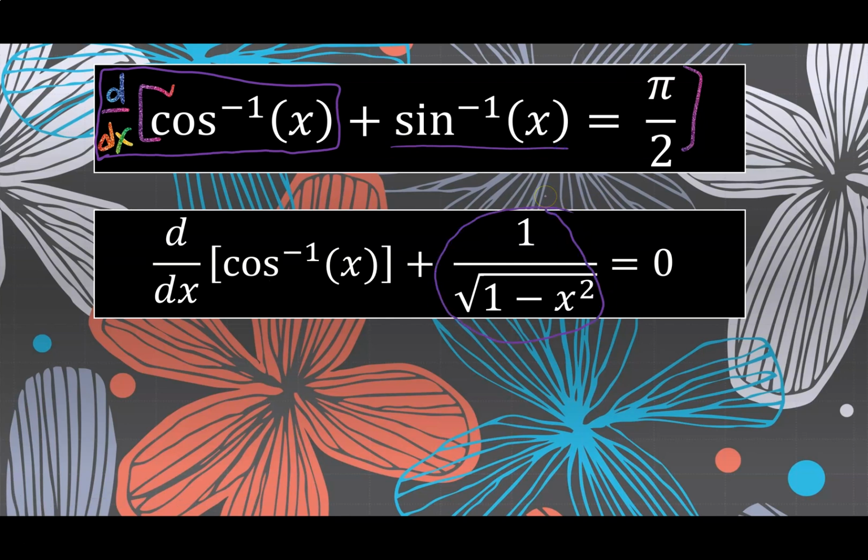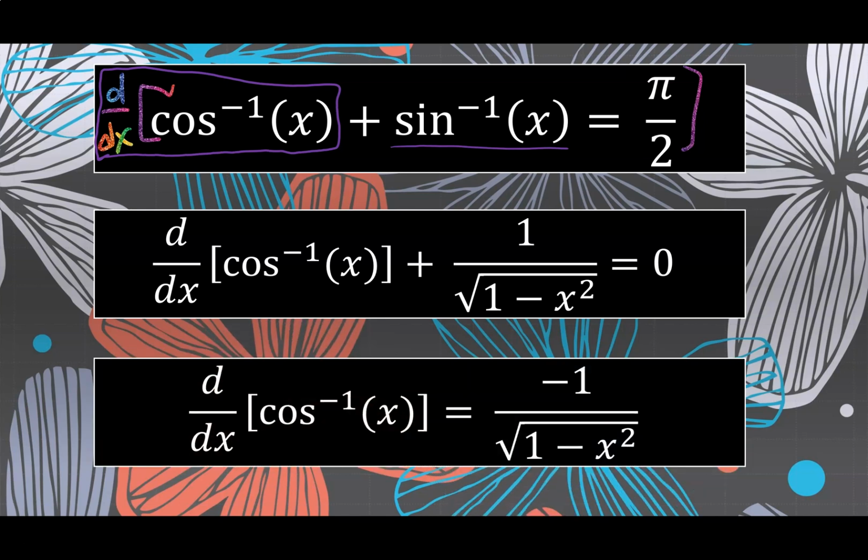Okay, then what we're going to do is subtract it over, so the derivative of inverse cosine is the opposite of the derivative of inverse sine.